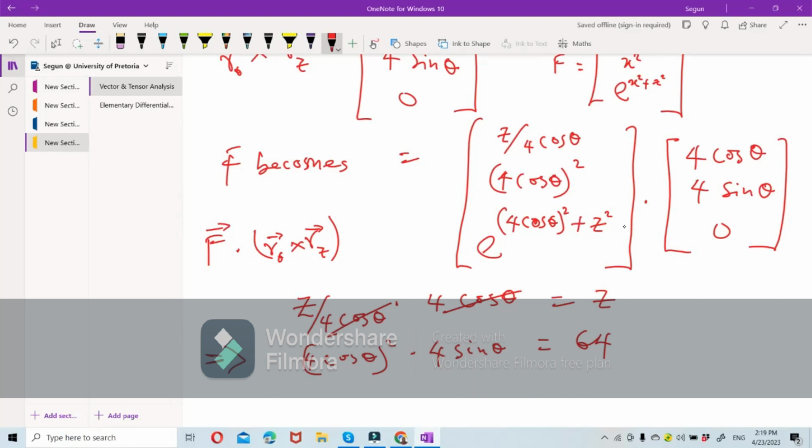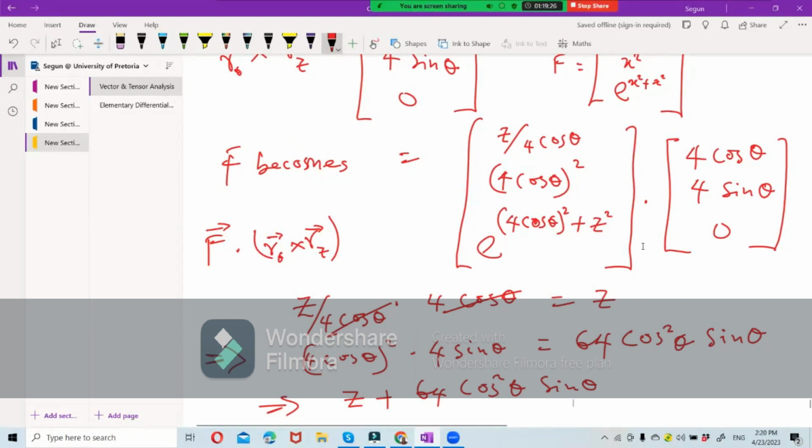Just find it out. 64 cos square theta sine theta. And the last one will be 0. So, which implies that you have z plus 64 cos square theta sine theta.